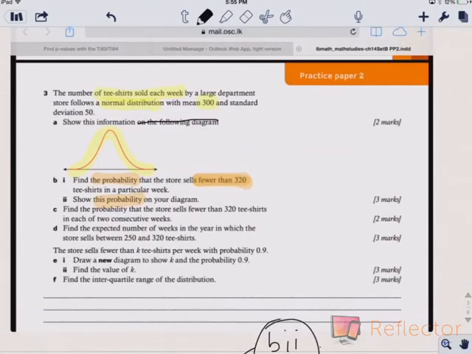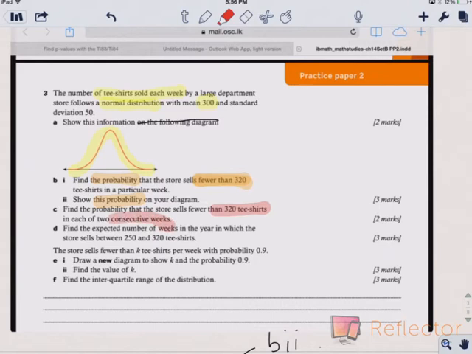Okay. For the last part of this video, I'm going to solve C, and then in a second video, I will solve D through F. C asks us to find the probability the store sells fewer than 320 t-shirts in each of 2 consecutive weeks.